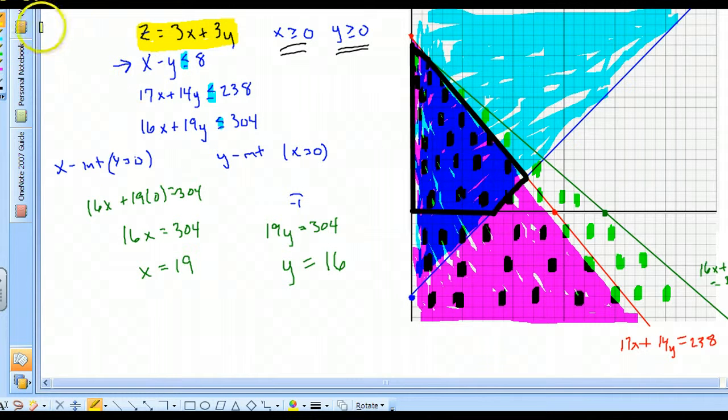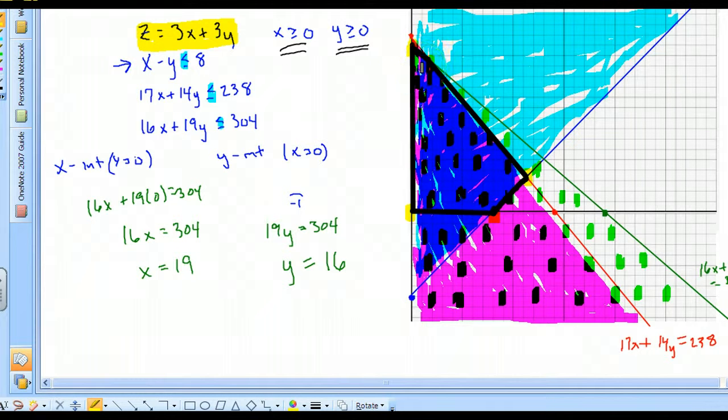So what are the corner points? The corner points are anywhere it takes a turn. So right here is a corner point. The origin is a corner point that a lot of people forget about. This is a corner point. There's a corner point. And this little subtle corner point where the red and the green line intersect.